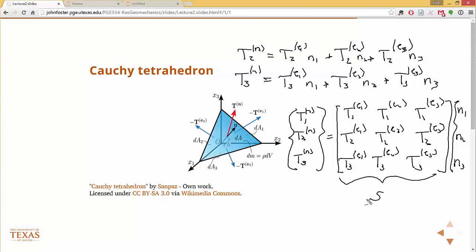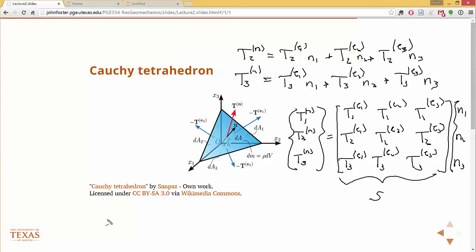Okay? So typically when we then write the stress, we make the notation simpler. We drop the superscripts down to subscripts such that they have two components.